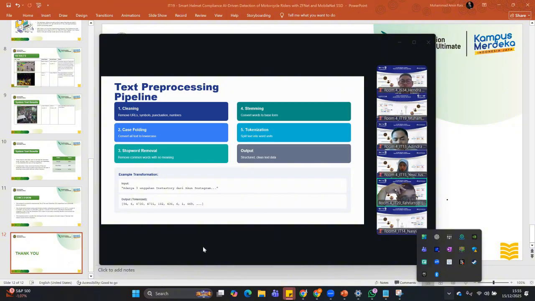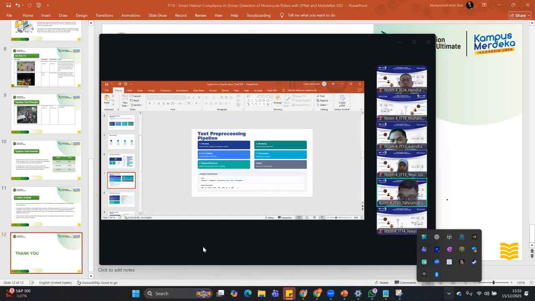Step 3, stop word removal. This is eliminating common words without semantic value, such as prepositions and conjunctions, which reduces the dimensionality without information loss. Step 4 is stemming.